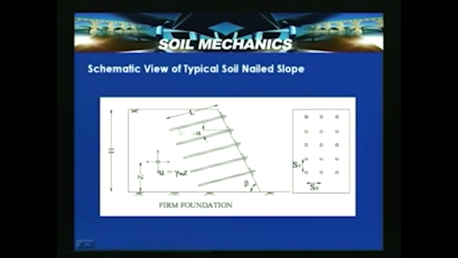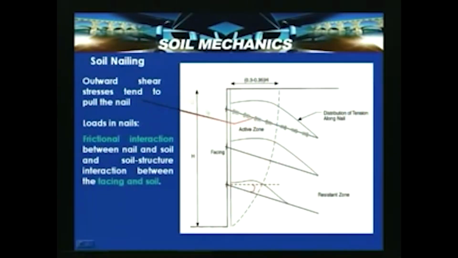L is the length. From the stability point of view, a minimum requirement of about 0.8 to 0.9 times L is required. The mechanism here is that if this is the active zone and this is the resisting zone, with a nail at a certain inclination, the frictional interaction between the nail and the soil, and the soil structure interaction between the facing and the wall, contribute to the stability.